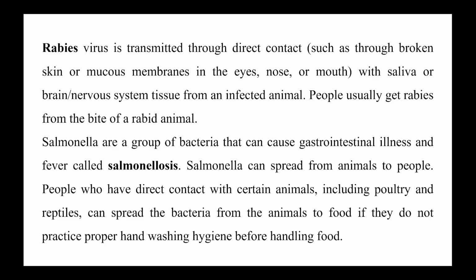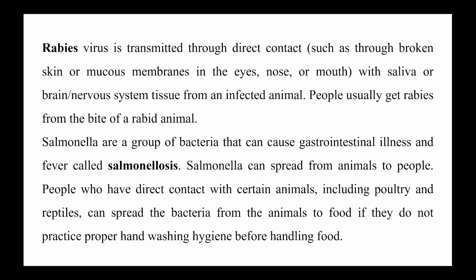So, generally, you must have heard of rabid dogs. Generally, these viruses infect animals, so dogs, cats, and all other domesticated animals, and even wild animals. The virus can infect those animals, and when the animal bites a human being, the virus can be transmitted from the saliva of those animals through the wound of the human.